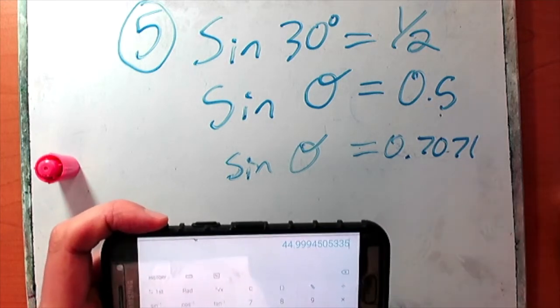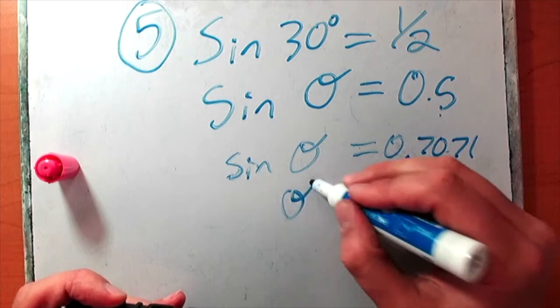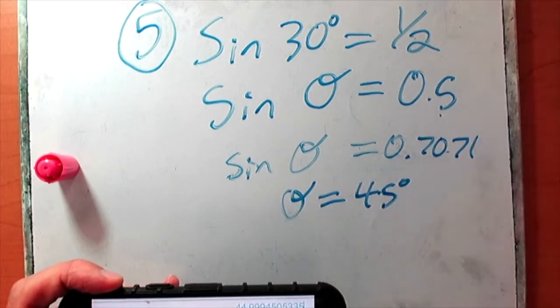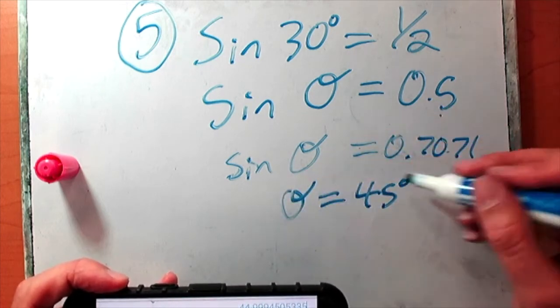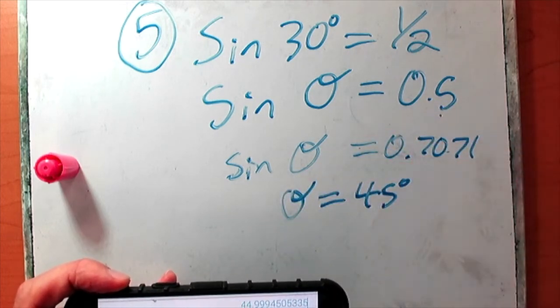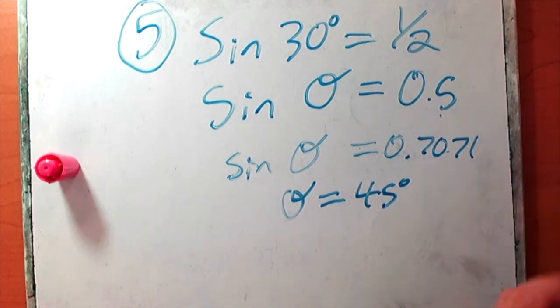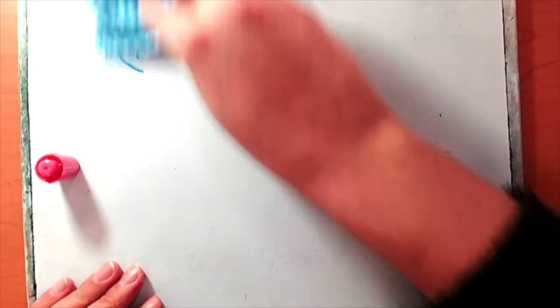Well, clearly the rounding didn't work so well. So theta equals 45 degrees when I really write that down. So the angle that I'm working with is 45 degrees using that second sine function. So you've got to get real familiar with that in trig as well. We're really diving into it now deeper.